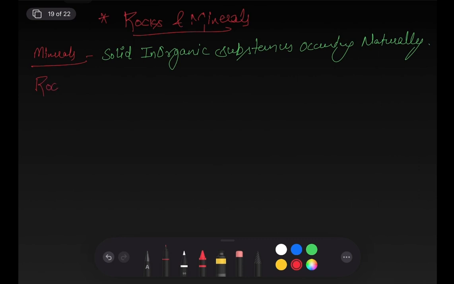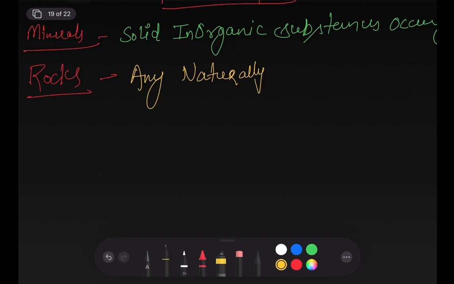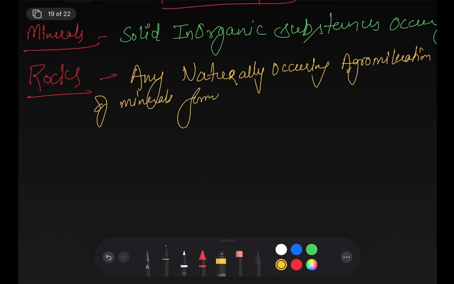While rocks are any naturally occurring agglomeration of minerals; any naturally occurring agglomeration of minerals forms rocks.